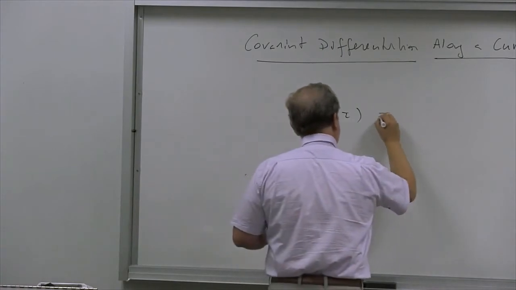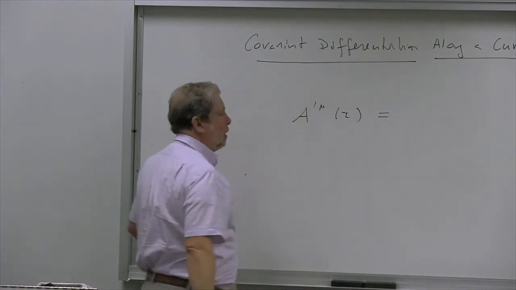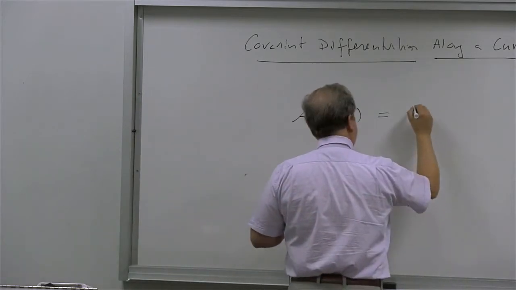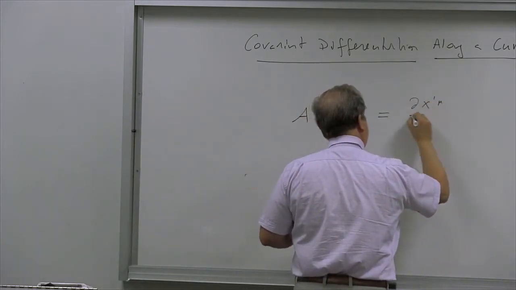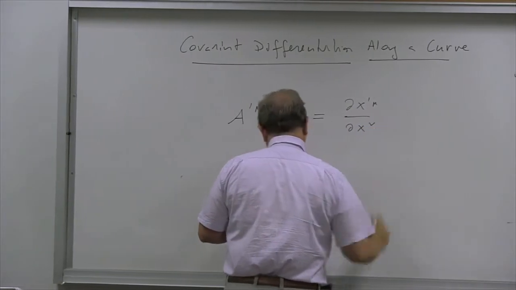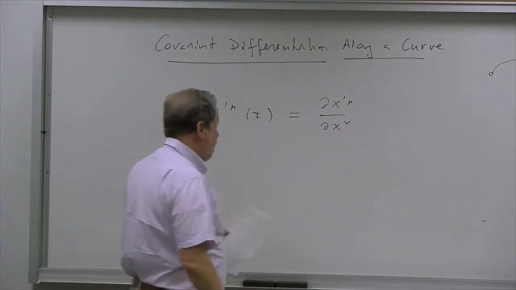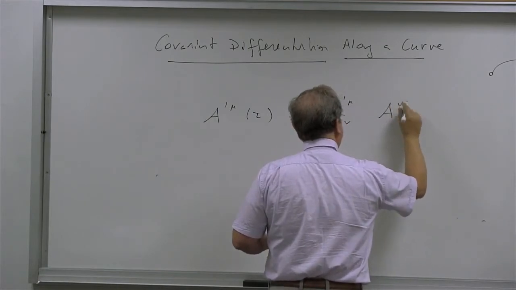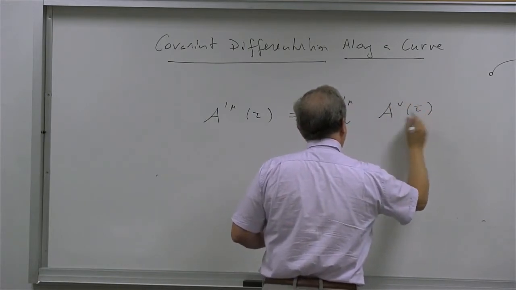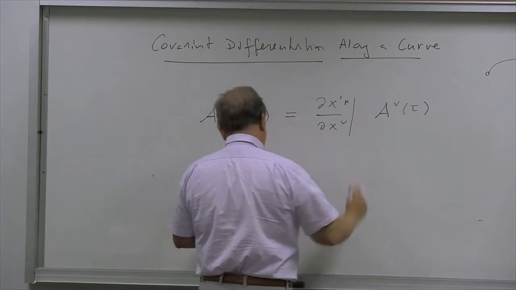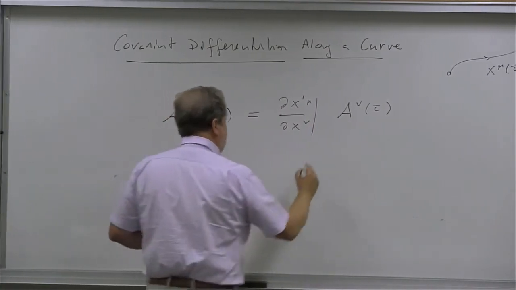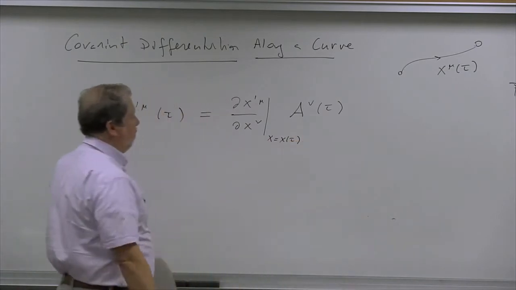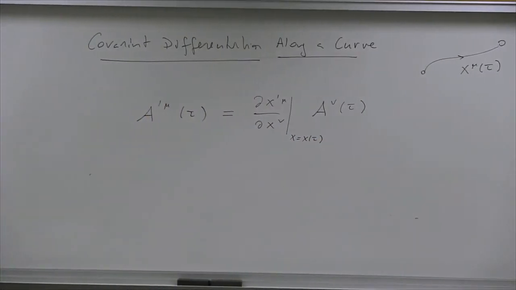And so this is going to be, if this is indeed a 4 vector, that prime will tell us that we have to add dx prime mu by dx nu, and then times A nu of tau, where this factor here is evaluated on the curve. So that means that x is equal to x of tau. The 4 vector x is along that curve.